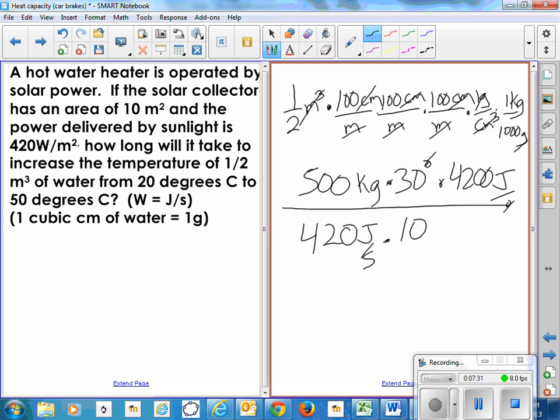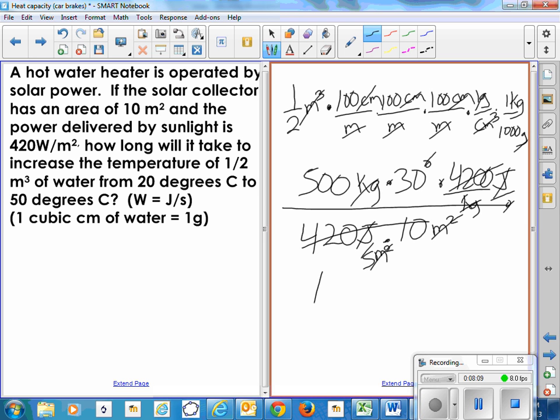It's joules per second per square meter, and we have 10 square meters. So square meters cancel, the joules cancel, and we just have 420 joules per kilogram per degree. Kilograms cancel. Anyways, 420 times 10 is 4,200, so those cancel.